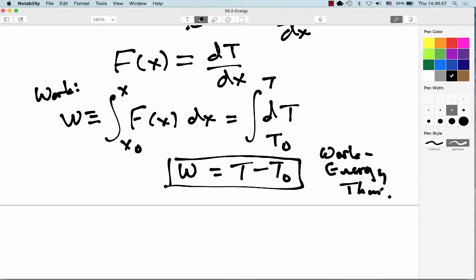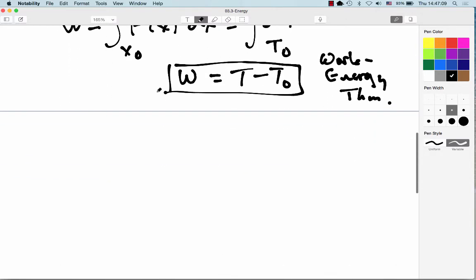Okay. Now, if we take a look at this form here, it would be really spiffy if we could define this in terms of some derivative of something that depends on x. So let's go ahead and do that.